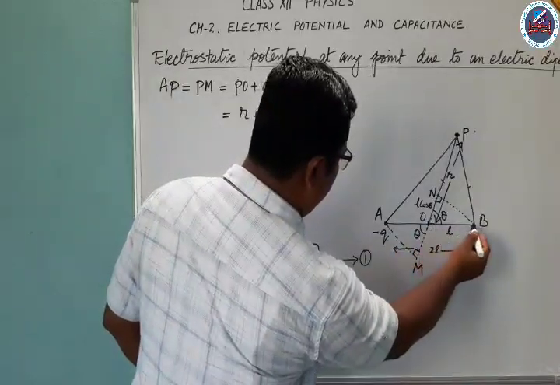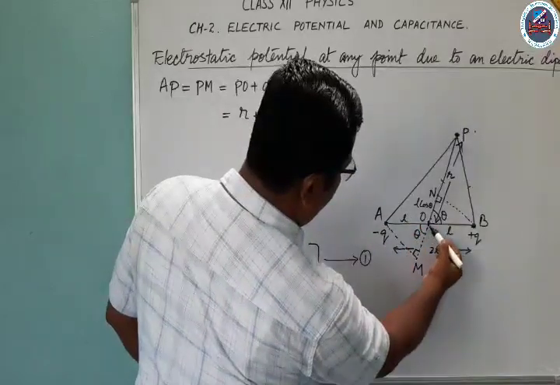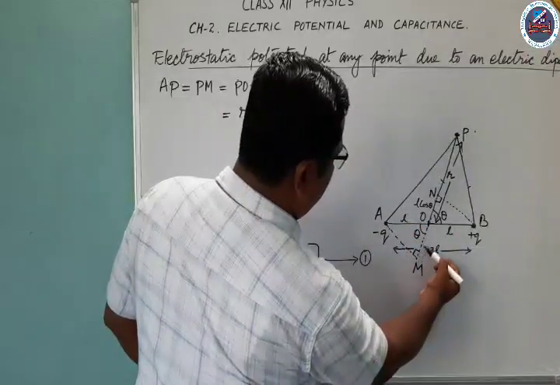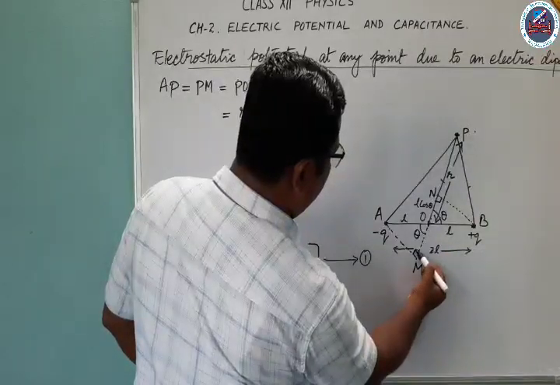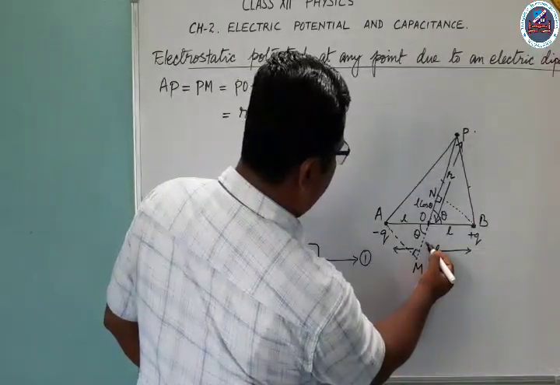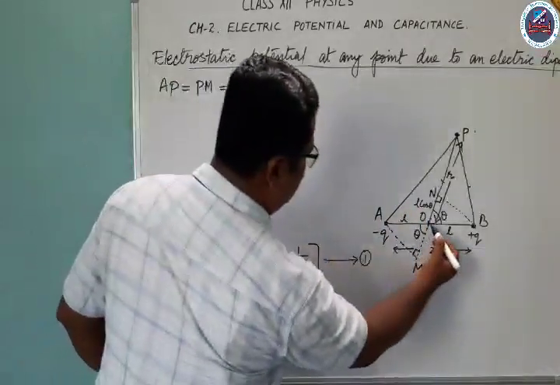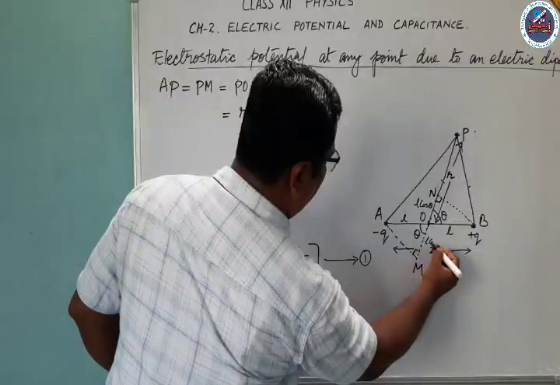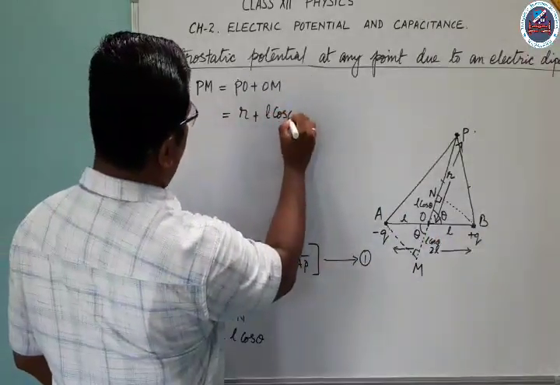This O to B is L, A to O is also L, and this is forming the base. In this right triangle, this is 90 degrees, this is theta. So here also it will be L cos theta. This O to M is also L cos theta.